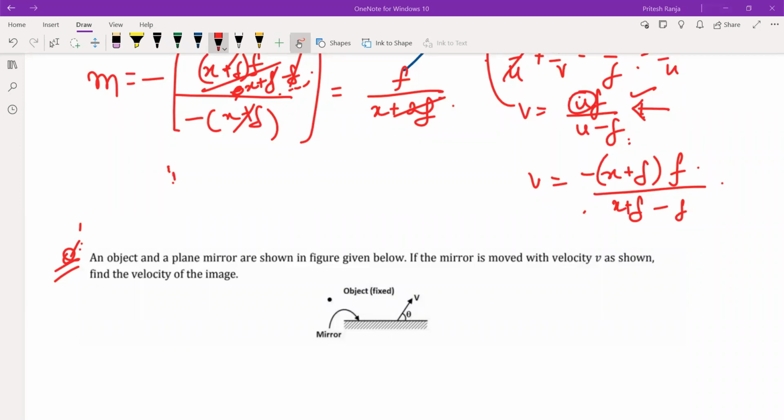An object and a plane mirror are shown. If the mirror is moved with velocity v as shown, then you have to find the velocity of the image. This is again a plane mirror here.